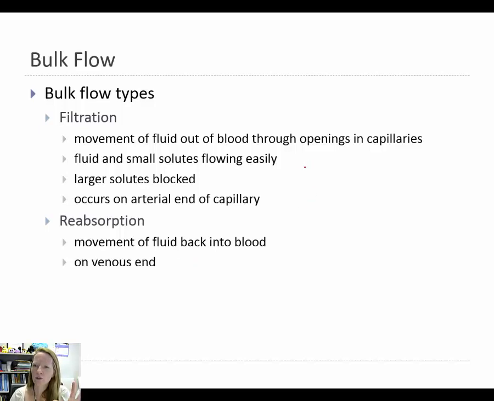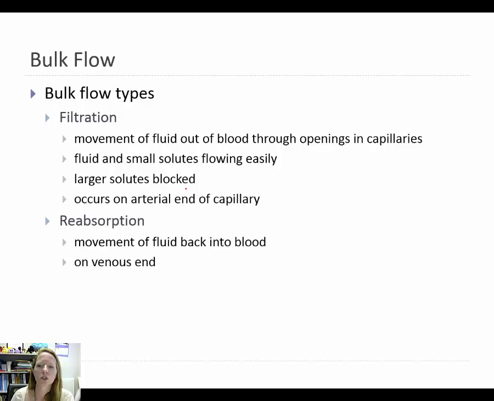It's going to be how the fluids are going to move out of the blood through the openings in the capillary. So you get the good stuff that you want out of the blood and into the interstitial fluid, but you keep the things that you don't want inside of the blood vessels. And these are going to be things like plasma proteins. These are going to be things like red blood cells.